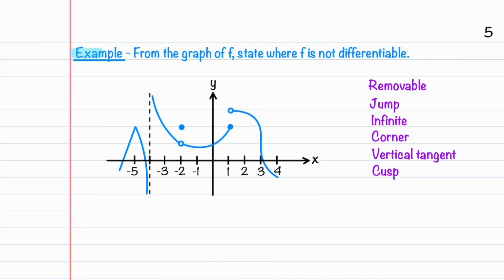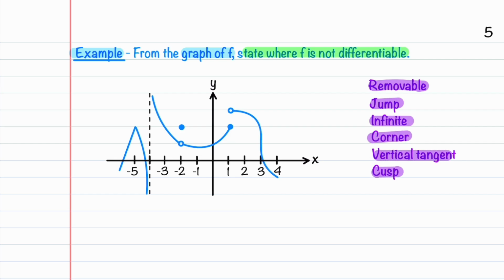Let's now look at an example where we are given the graph of a function f, and we want to state where the function f is not differentiable. Over here on the right, just as a reminder, I wrote down that a function will not be differentiable if it has a removable, jump, or infinite discontinuity, or if the function has a corner, a vertical tangent, or a cusp.